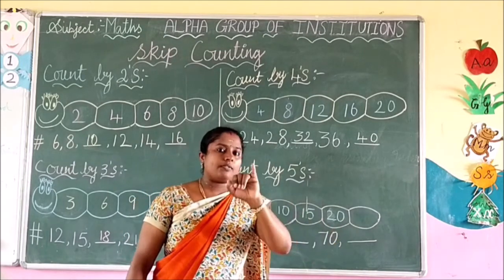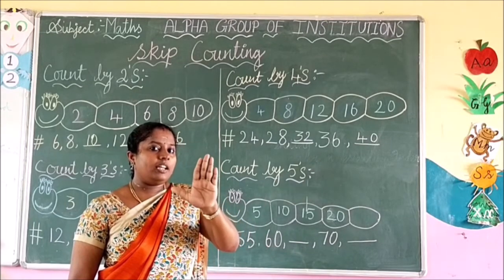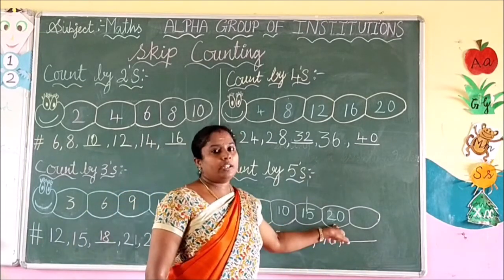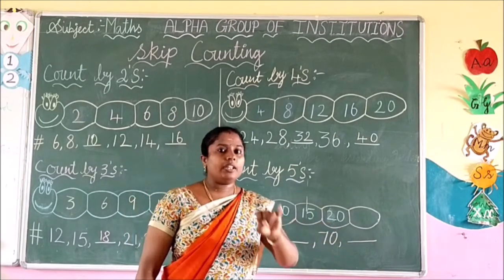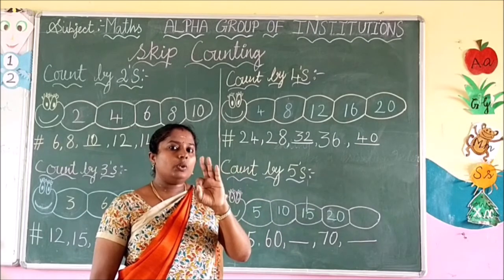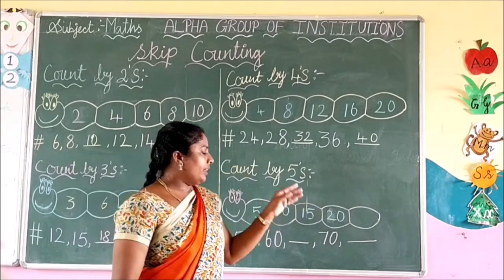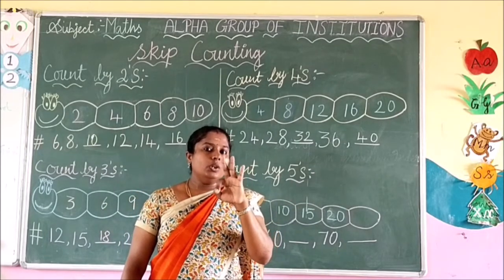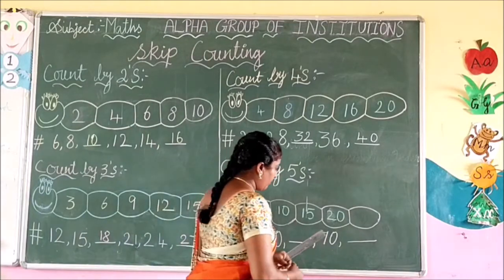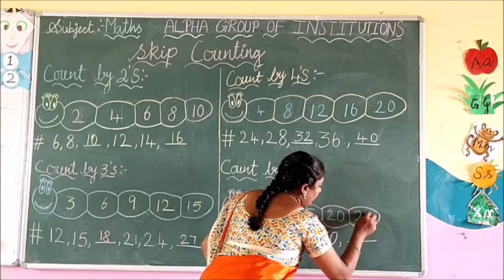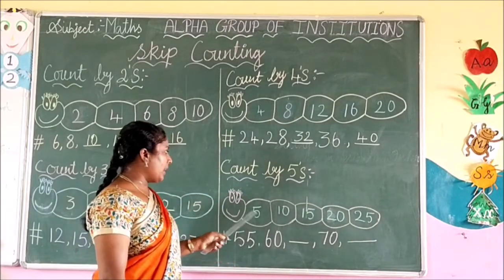So 20. Next, after 20: 21, 22, 23, 24, 25. So here 25. Okay. So now you all understand how to skip by 5.